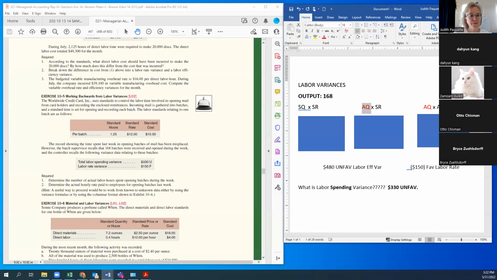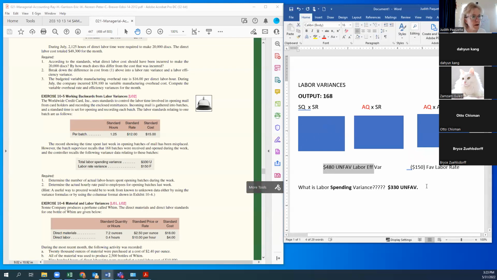Anybody have any ideas? So Anusha, the way we learned it was the actual quantity times the actual rate is the rate variance on the right. Right. Okay, so if we know what this is, we know that the combined effect is 480.